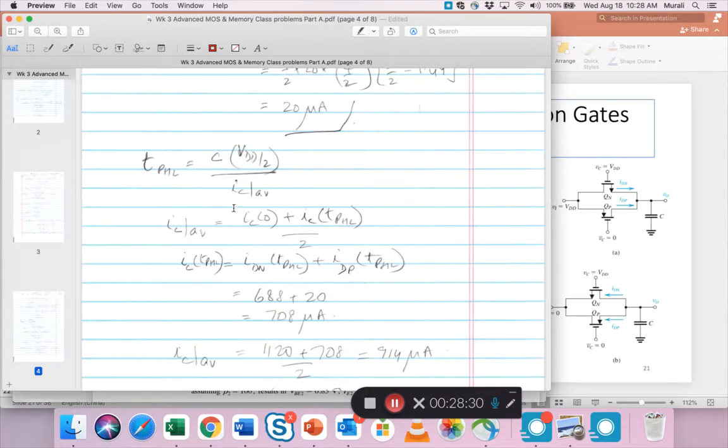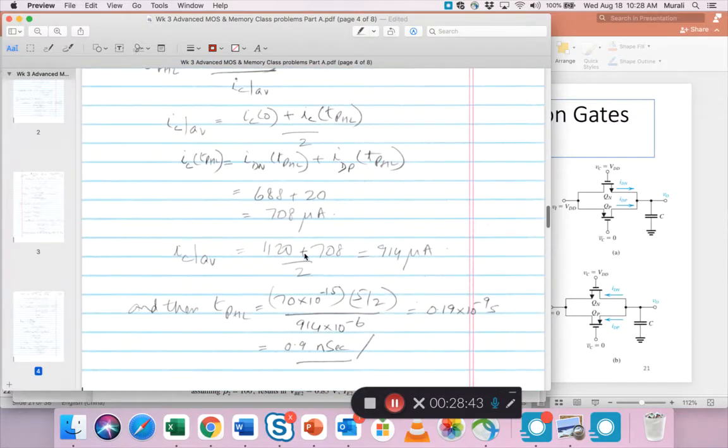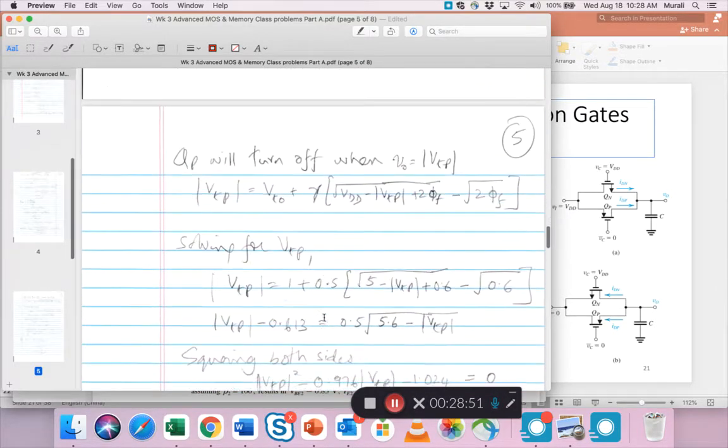Again, you need the denominator, the average, which is this. And to find this, you sum up the two previous currents, average divided by 2, 914, and then you find this is 0.9 nanoseconds. Okay?